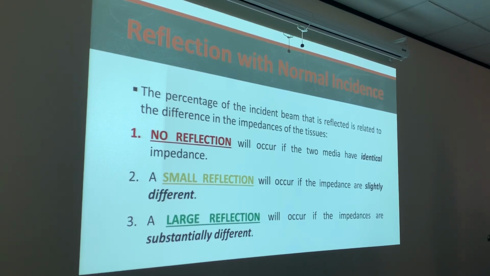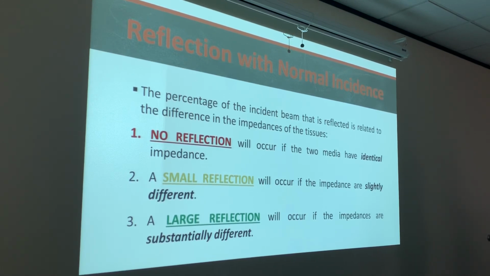A small reflection will occur if the impedances are slightly different, like soft tissue to fat. We're going to get a great big, nice reflection when the impedances are substantially different, when there is a vast difference in impedance values.